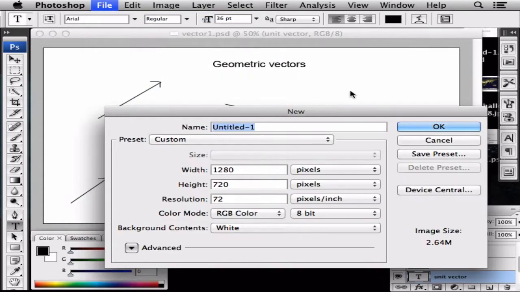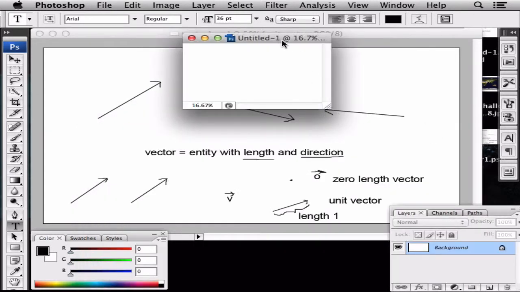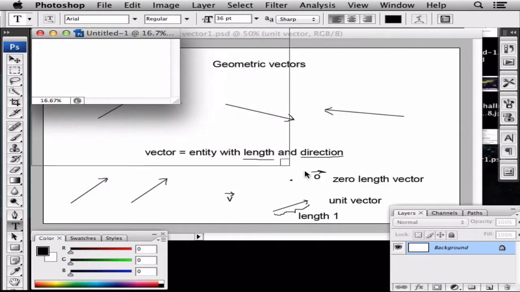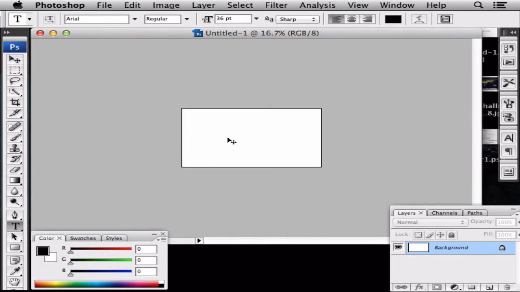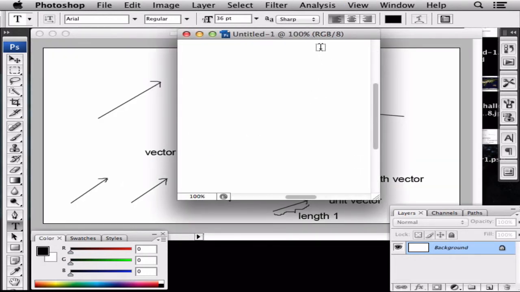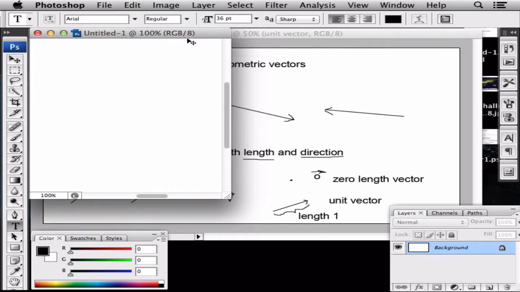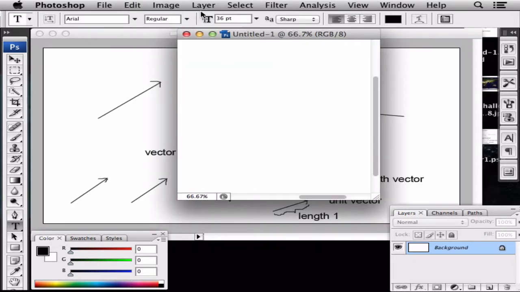So the basic operations we can do on vectors. The simplest one is addition, vector addition.